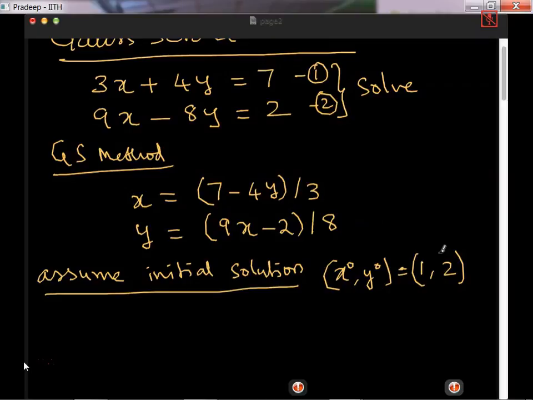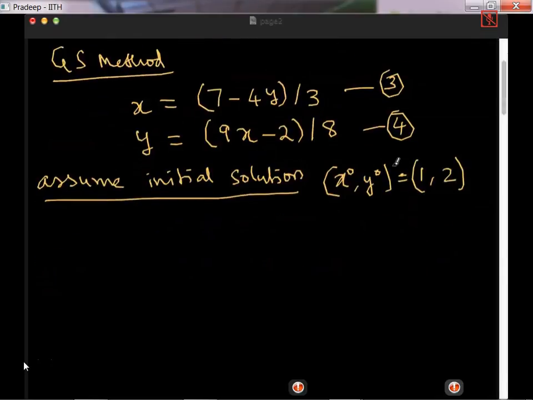But you take this initial solution. This is equation 3, equation 4. From equation 3, if I substitute y as 2, I'll get x. That x I'll substitute in equation 4 and calculate y. From y, again I'll substitute it here and calculate x. Like that I do iterations.